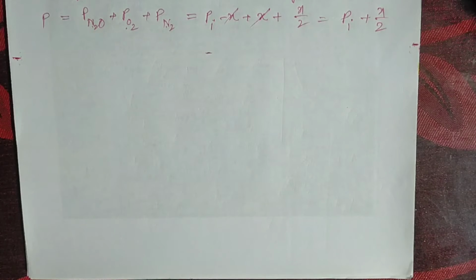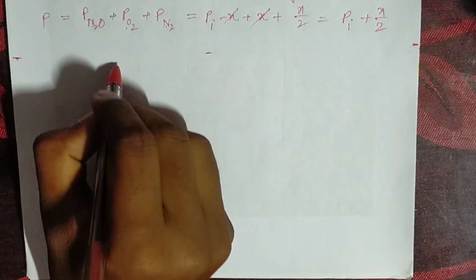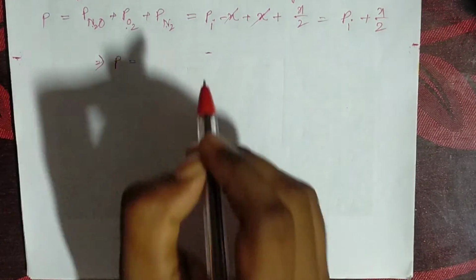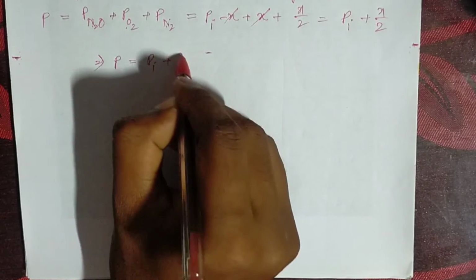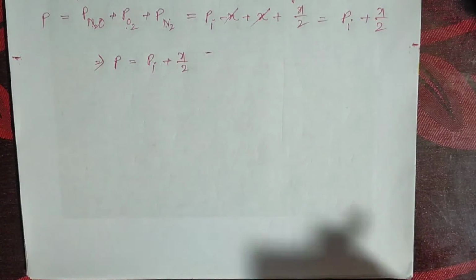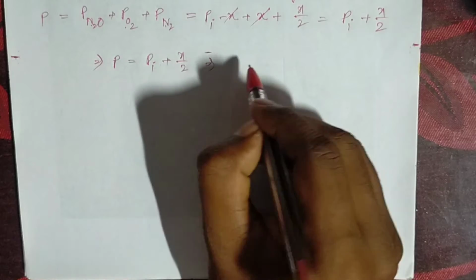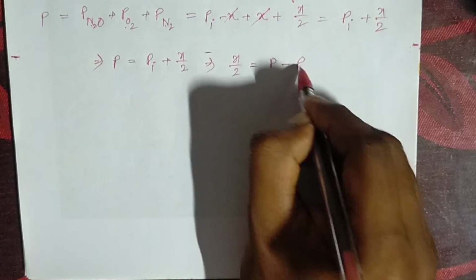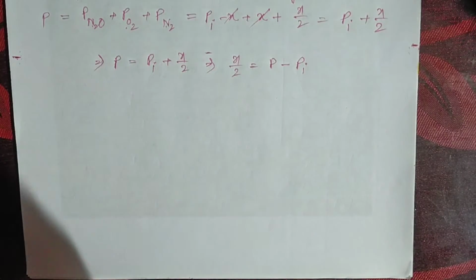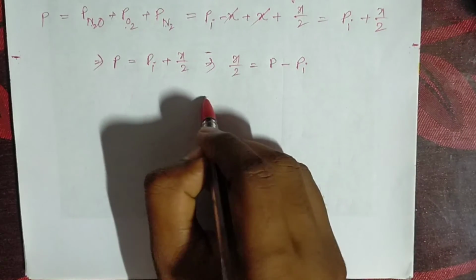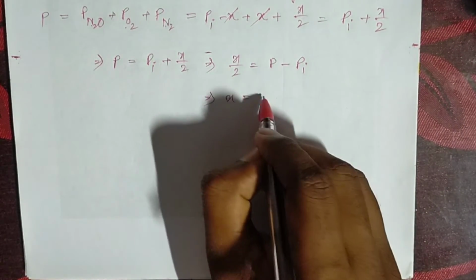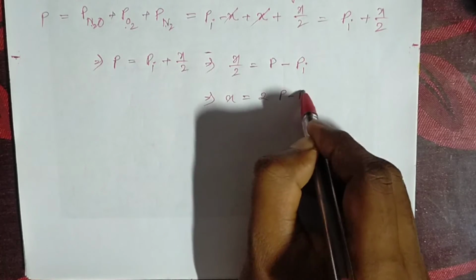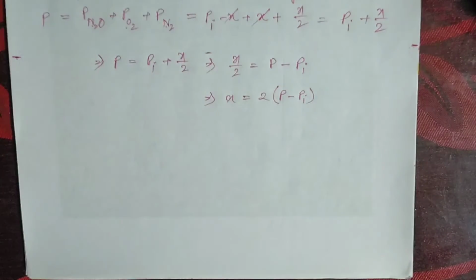So we can write P is equal to Pi plus X by 2. So X by 2 is equal to P minus Pi, and we can write X is equal to 2 into P minus Pi.